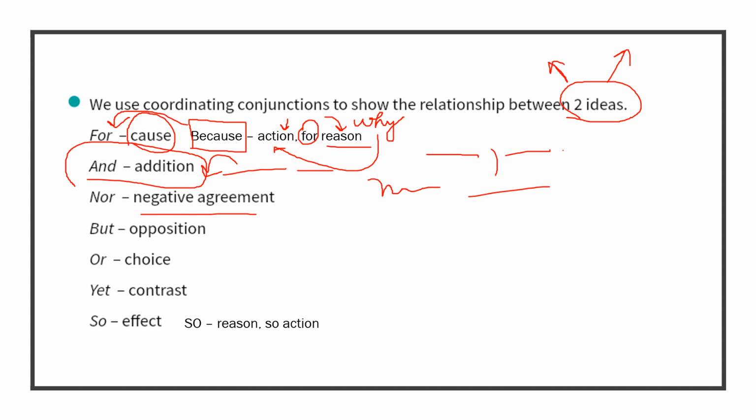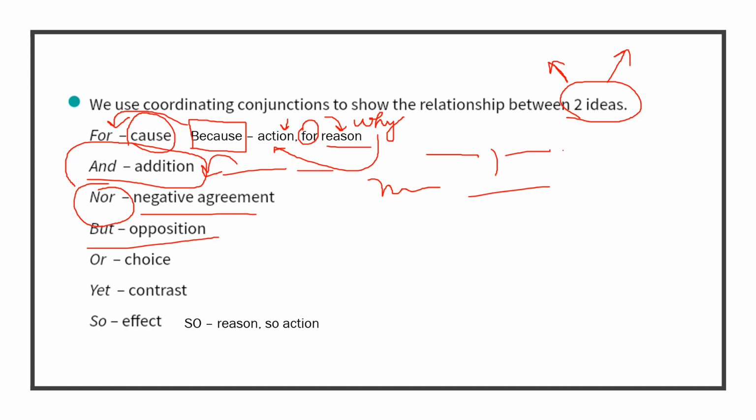We can remember that they are talking about two negative statements and nor connects them. I neither like this nor that. I don't like him nor his attitude. So basically you're talking about two negative statements.